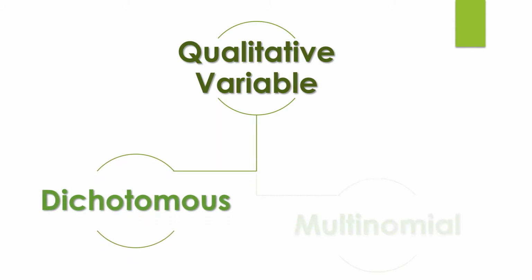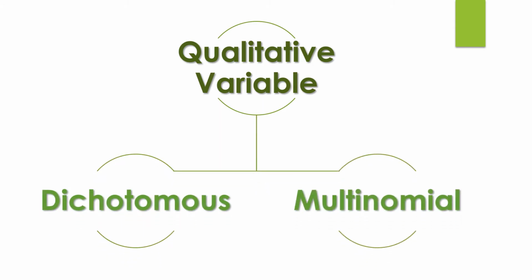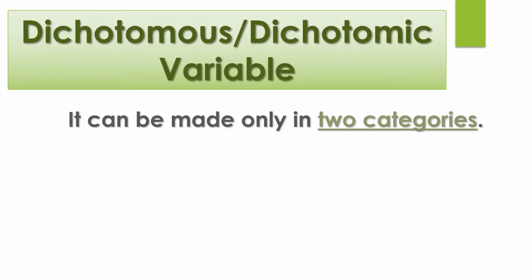Next, under qualitative variables, there are what we call dichotomous and multinomial. For dichotomous variables, it can be made into only two categories.